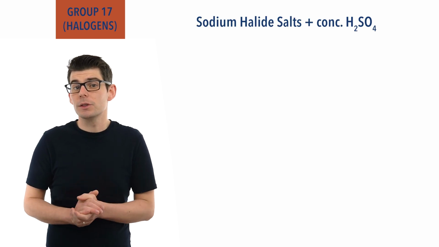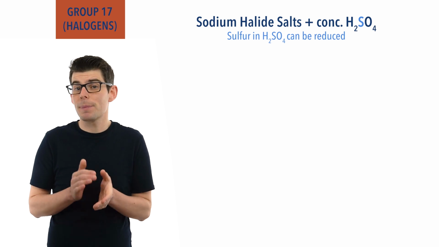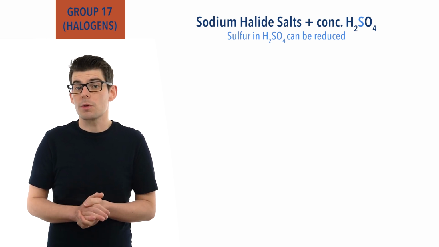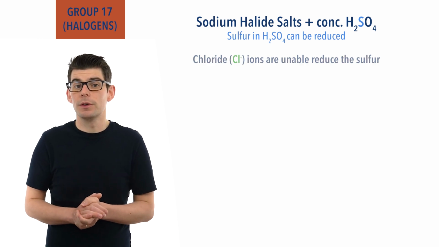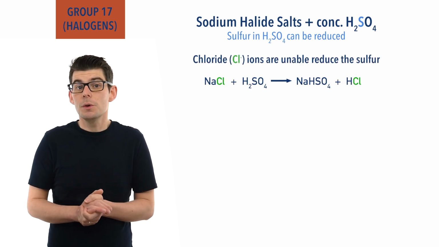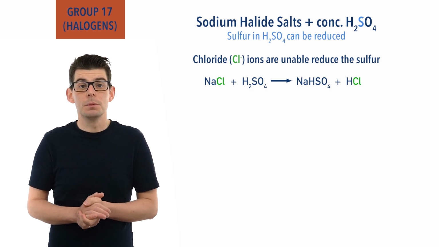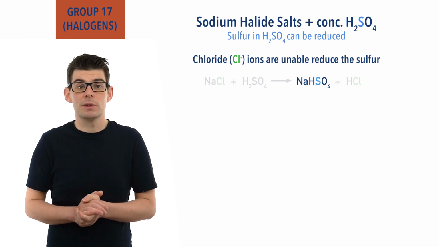The sulfur in the sulfuric acid can be reduced if it comes into contact with a powerful enough reducing agent. Chloride ions from sodium chloride, NaCl, are unable to reduce the sulfur. In the reaction, sodium hydrogen sulfate, NaHSO4, gets formed, and this contains sulfur with an oxidation state of +6.